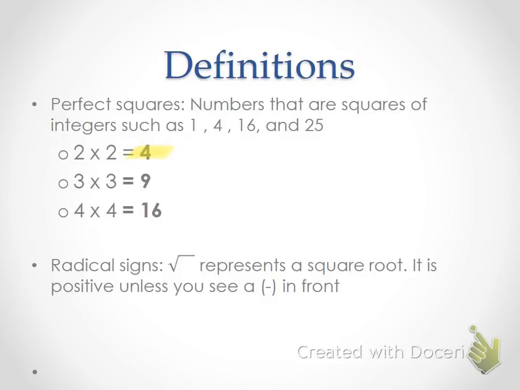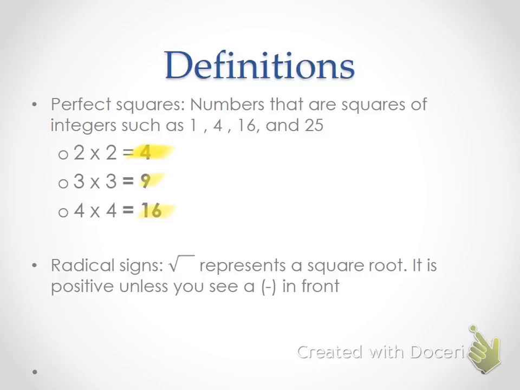So perfect squares have factors of numbers that can be multiplied by themselves to equal that number. All right, so 4 is a perfect square because 2 times 2 equals 4. 9 is a perfect square because 3 times 3 equals 9. 16 is a perfect square because 4 times 4 equals 16.